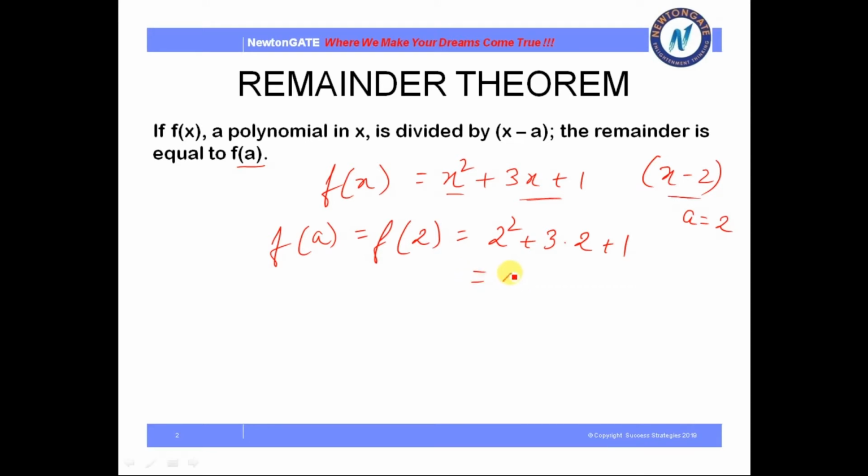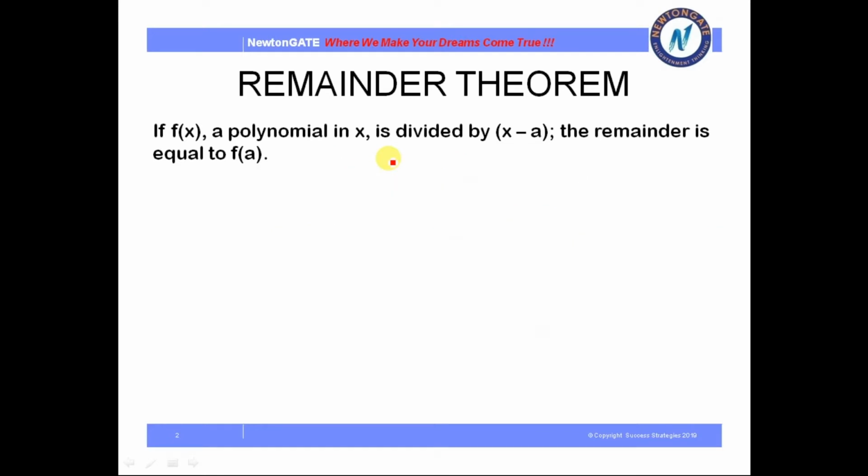So what do we get? 4 plus 6 plus 1, that is 11. So according to the remainder theorem, this f of x when divided by x minus 2 gives us a remainder 11. How did we get that? We found it by putting the value of a in place of x. So f of 2 is equal to 11. That is the remainder of this f of x when it is divided by x minus 2.